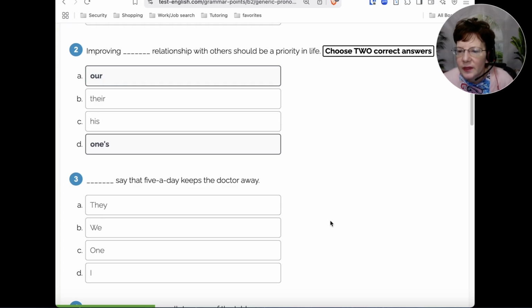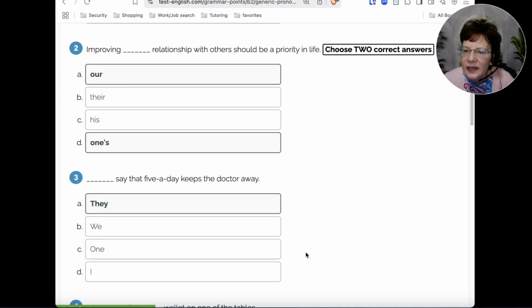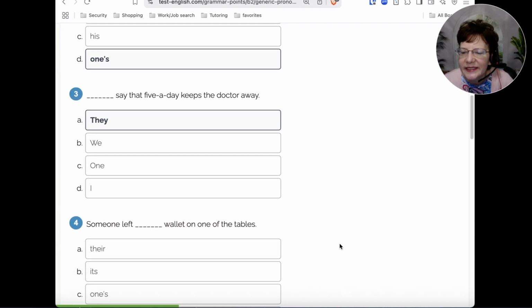Okay, so they, we, one, or I say that 5 a day keeps the doctor away. Okay, talking about all people in general. Okay, so if you chose option A, they, that would be correct. Okay, let's do one more.